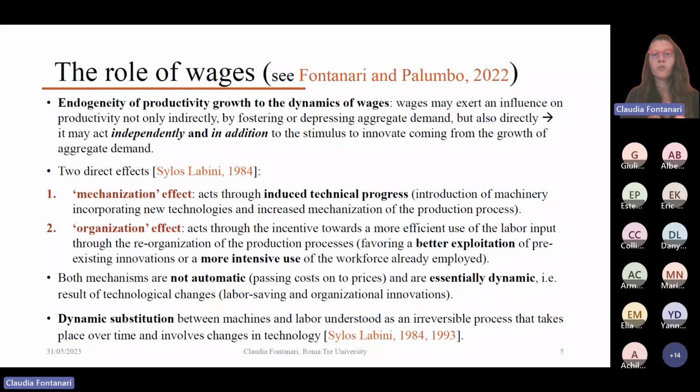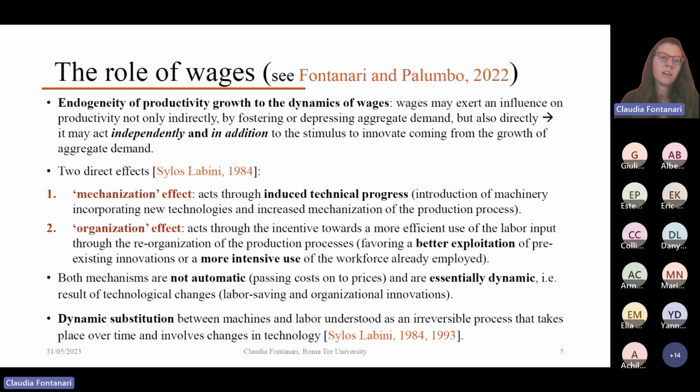Of course, wages may exert an indirect effect by fostering or depressing aggregate demand and through it productivity, but they may also act directly, independently and in addition to the stimulus that comes from the growth of aggregate demand. The theoretical reference for the definition of the direct effects of wages is Sylos Labini.